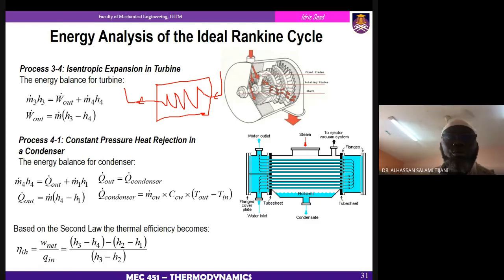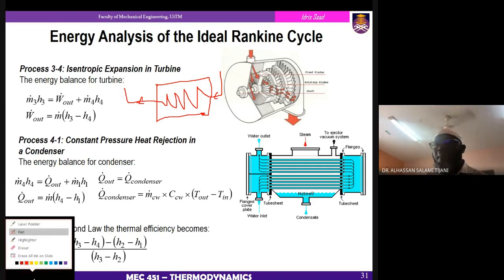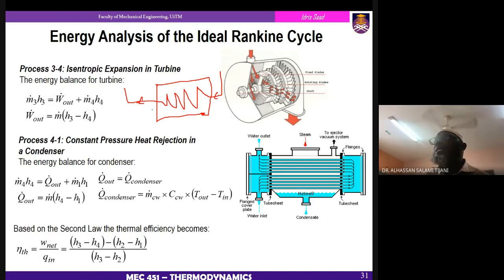So what we need to do is like this. We also need to know that there will be some cold water that comes into the condenser. So cold water will be input into the condenser and it will be flooded all over the shell part, then it will exit like this.